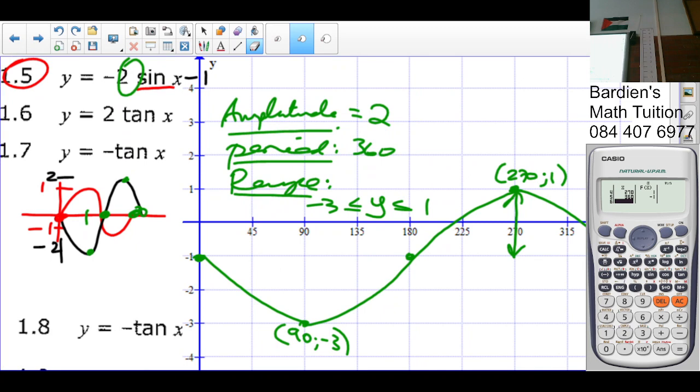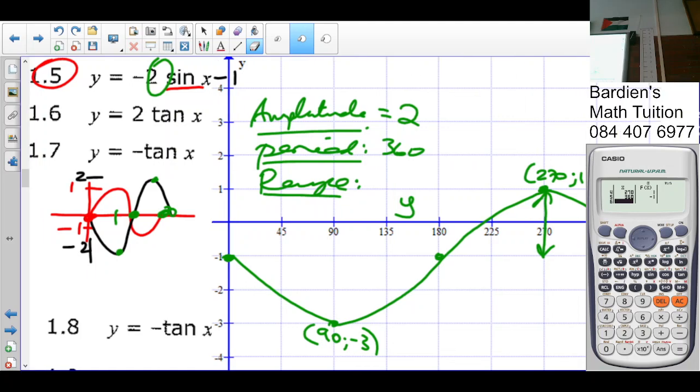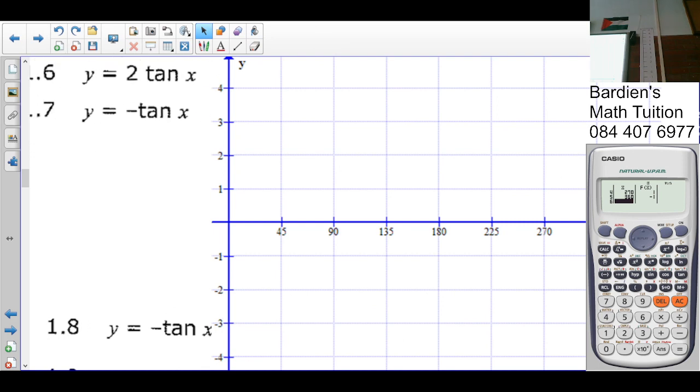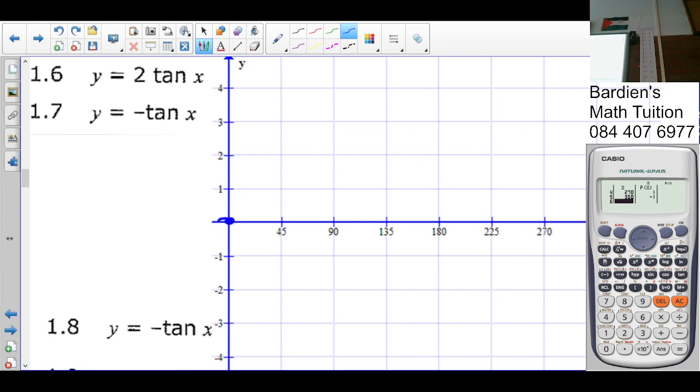You get the 2 tan x graph. So at 0 it is 0, at 45 it is 2. We write at least 1 point in here. 90 is an asymptote.